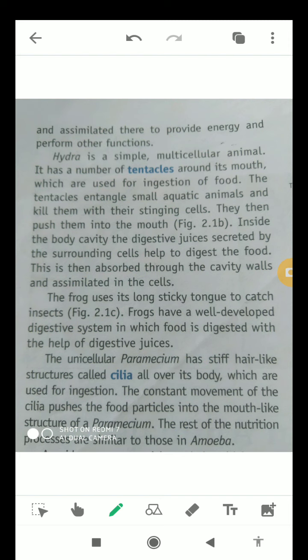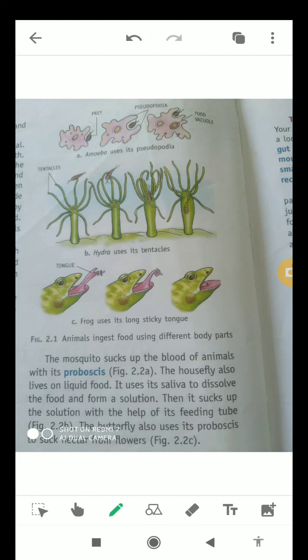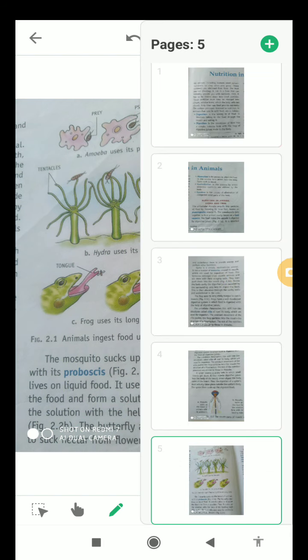Now we'll talk about how nutrition takes place in frog. The frog has a long sticky tongue, and with the help of the long sticky tongue it catches the insects. Okay, as you can see in this diagram as well, this is a frog. It has a very long sticky tongue, and through this it catches the insects.